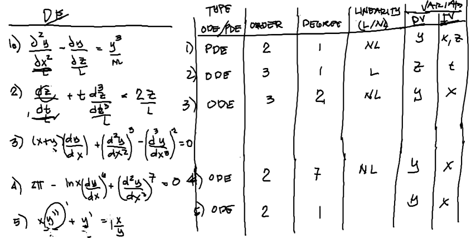If you do so, then the terms here became non-linear. That's why equation number 5 is a nonlinear DE.